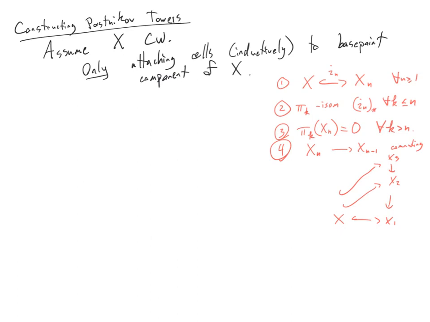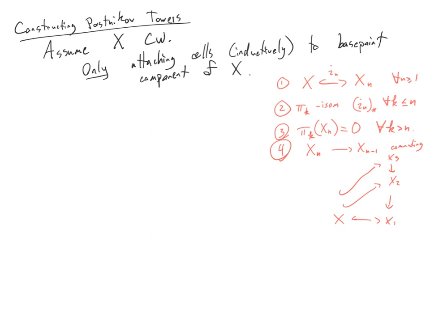This is sometimes called being co-connected or truncated, having the homotopy depth of some n, or n minus 1, or n plus 1 truncated space. It is always worth being careful about your indexing there, and I'm not going to specify it here. And then we also want to have maps down in the tower that commute. So we have all these maps from X into these guys, and we want a map from X3 to X2 that commutes with the map from X.